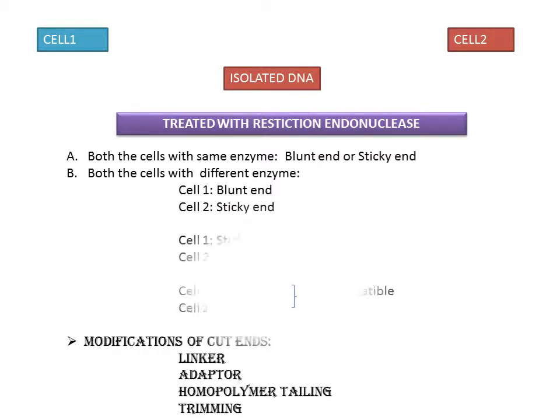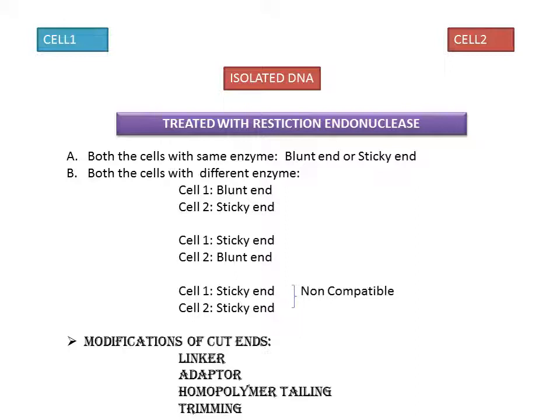Now what are the possibilities? The first possibility which we have taken is that the DNA of both cell 1 and cell 2 have the site for, suppose, EcoR1. So if we are using EcoR1 to digest cell 1 DNA and cell 2 DNA, then we will find that both the DNA are compatible because the sticky ends which were produced are compatible.